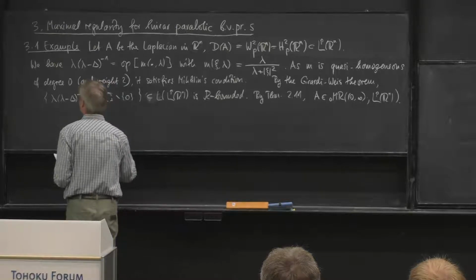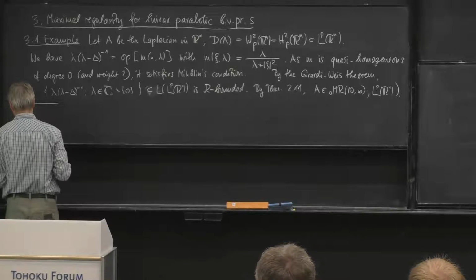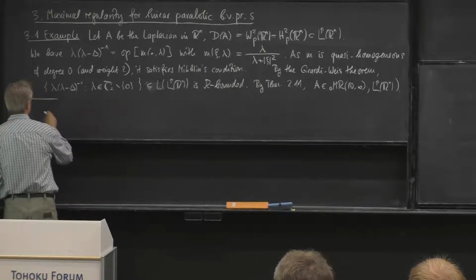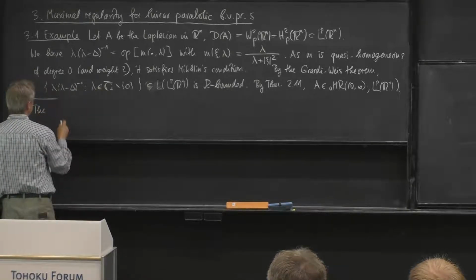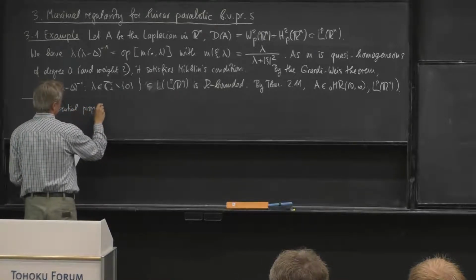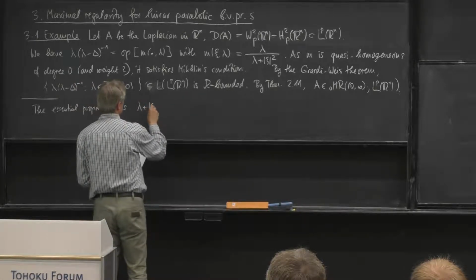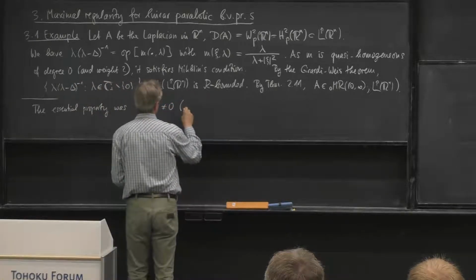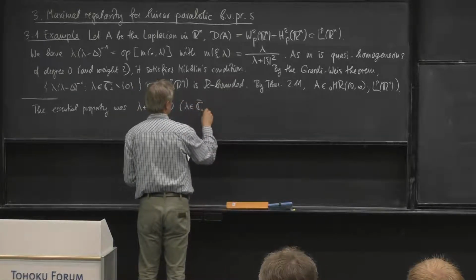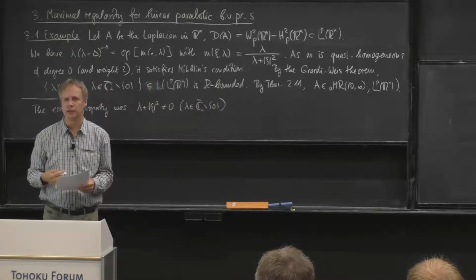And so now I consider a little bit more general situations, and I will fix this situation. So let me make a remark. In all this argumentation, the essential property of the Laplacian was that lambda plus psi square is not 0 if lambda is in the right complex plane, because then I can simply divide by its symbol.